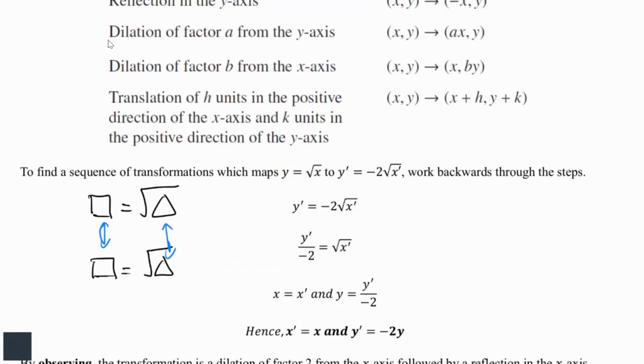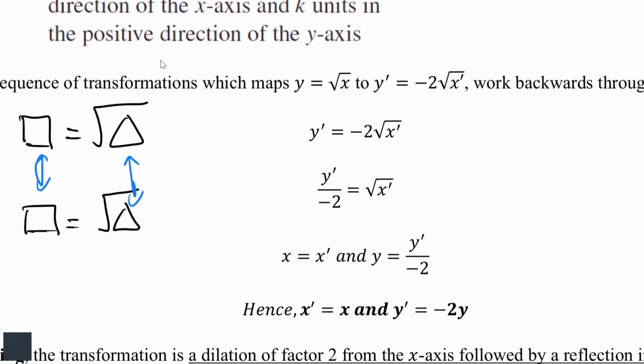Now we can conclude that x equals x dash, and y equals y dash over -2. Remember, this is not useful. This is useless because you are expressing the original variable with the variable of the transformation.